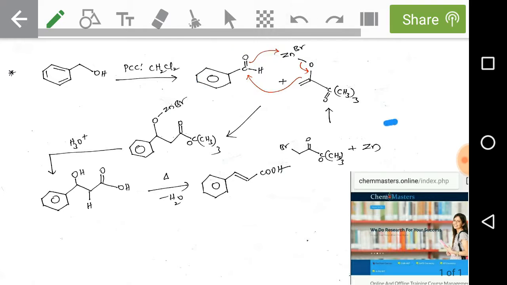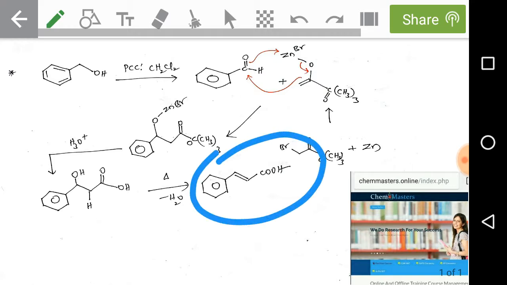Here we have another reagent combination, that is zinc and alpha bromo ester, and whenever we see this kind of reagent combination, there is a possibility of the Reformatsky reaction and the involvement of a six-membered ring intermediate. Just observe the arrows, and we can get this intermediate, and further hydrolysis, cleavage of the oxygen-zinc interaction, gives the OH group here, and further heating simply eliminates water from the two carbons, and we get cinnamic acid again.